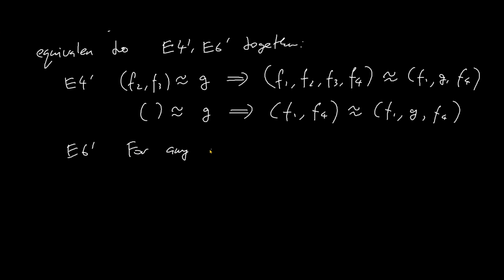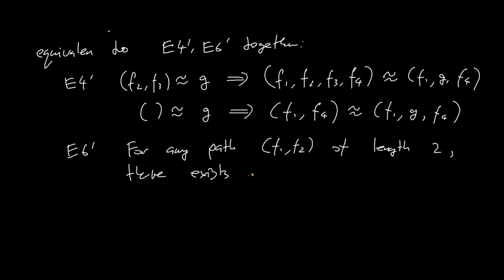So for any path F1, F2 of length 2, there exists a morphism G such that that path of length 2 is equivalent to the path of single morphism G. Okay?